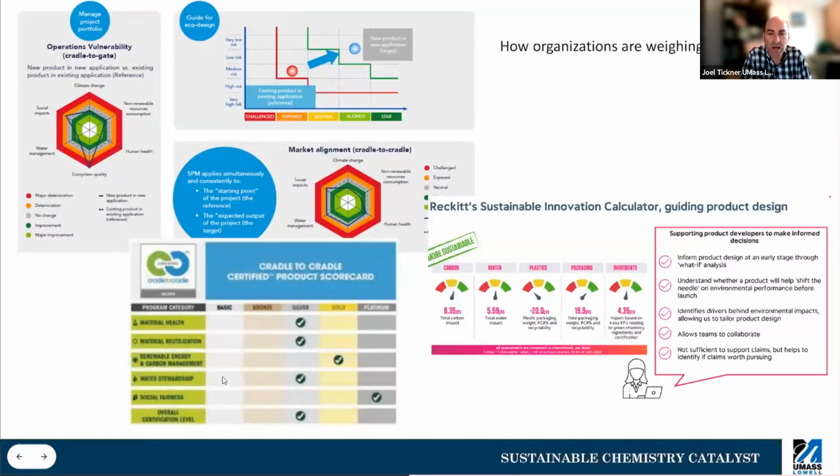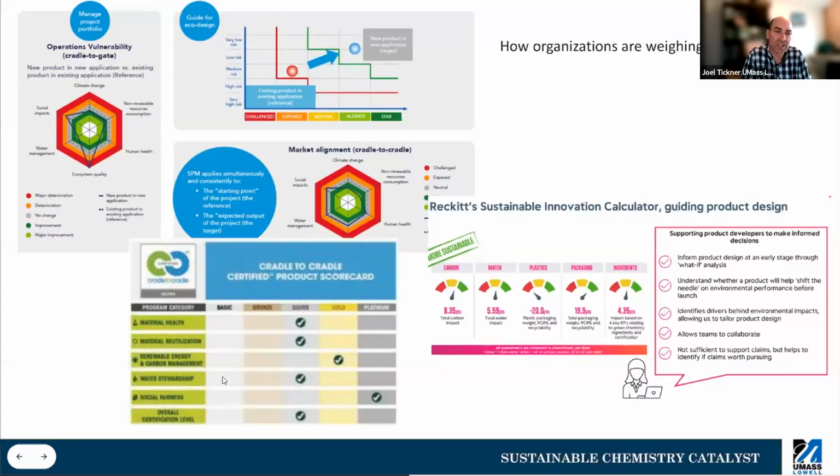So it's really, as much as possible, arraying and almost dashboarding those trade-offs, because there's always going to be a trade-off. And the question is, are we understanding those trade-offs? Are we minimizing those trade-offs? So, downstream company Reckitt has a sustainable innovation calculator where they're looking at these different trade-offs in terms of health or water or carbon or toxicity of ingredients.